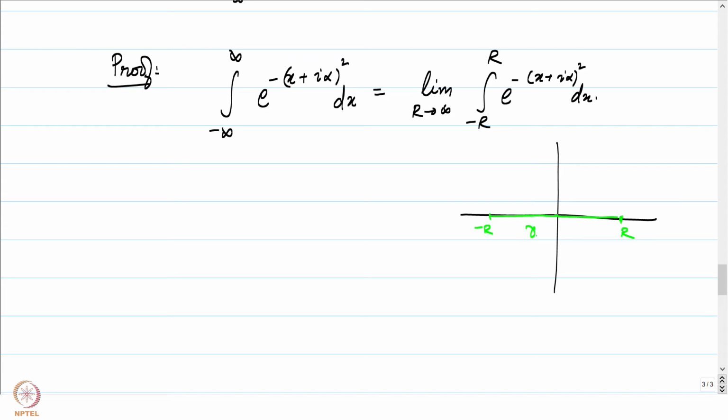So let's call this gamma 1, and let the red curve denote the straight line joining minus r plus i alpha to r plus i alpha. Let's call this gamma 3, and let's connect these two by using, say, pink, and turn it into a rectangle.